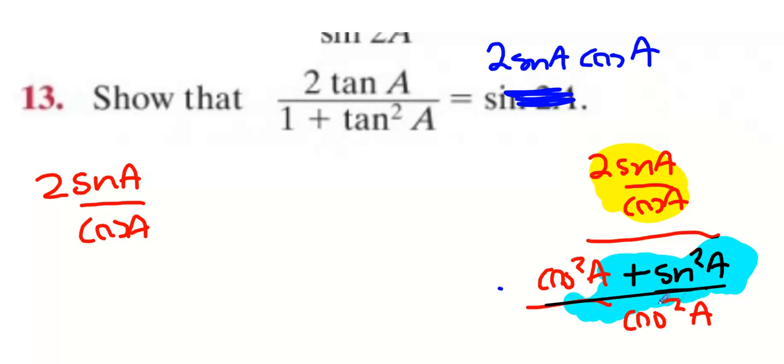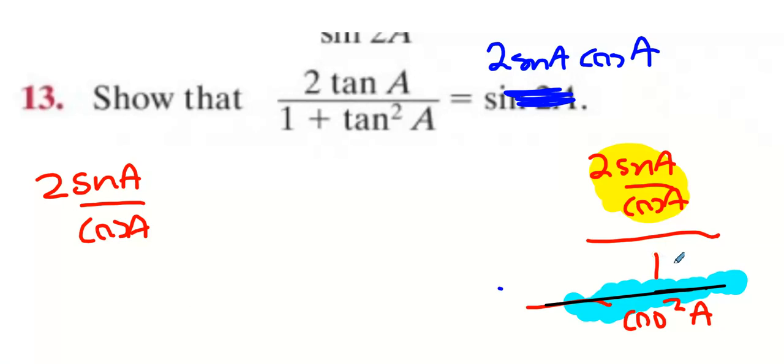2 sine A over cos A multiplied by... Oh, while we're here, what is cos squared A plus sine squared A? What is it? On page 13 of your notes, on your tables. Cos squared A plus sine squared A is 1. So before I even do that, I'm going to change that to 1.